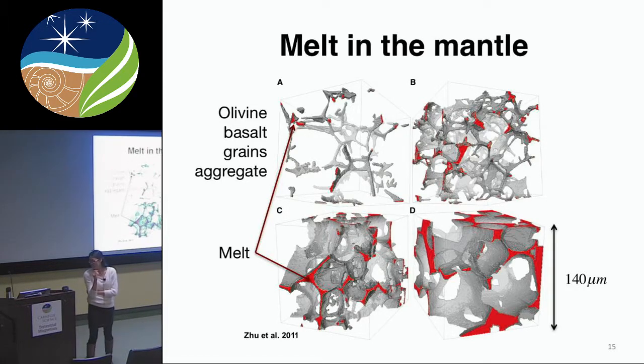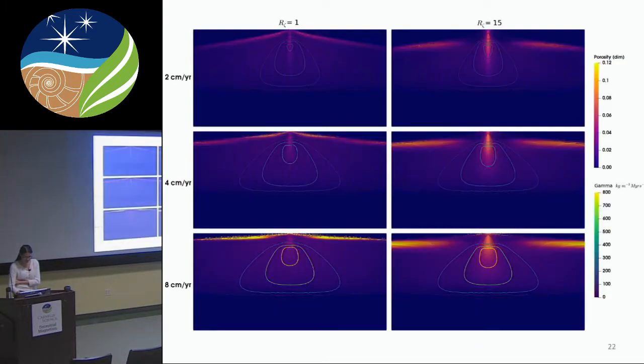So in a fast spreading ridge, you typically have an ephemeral or somewhat persistent axial magma lens. Is that something that's going to affect the flow field? I mean, I would imagine. So when you say a magma lens, you mean right in the crust, right?